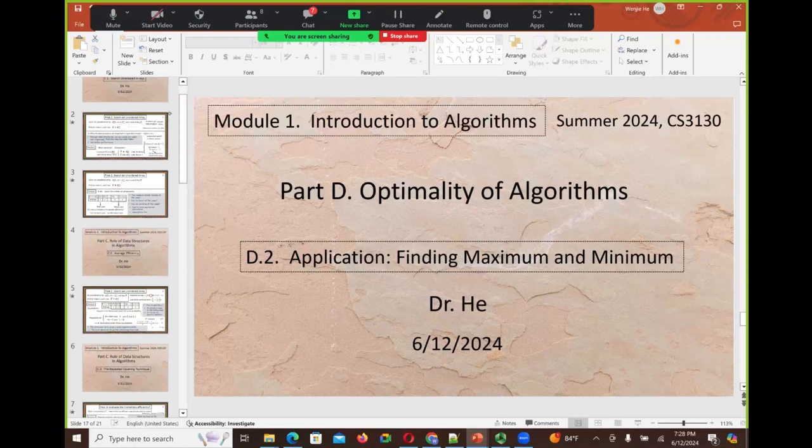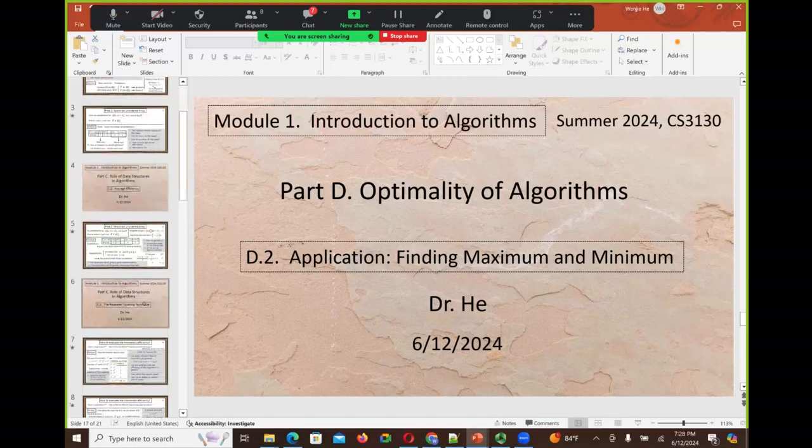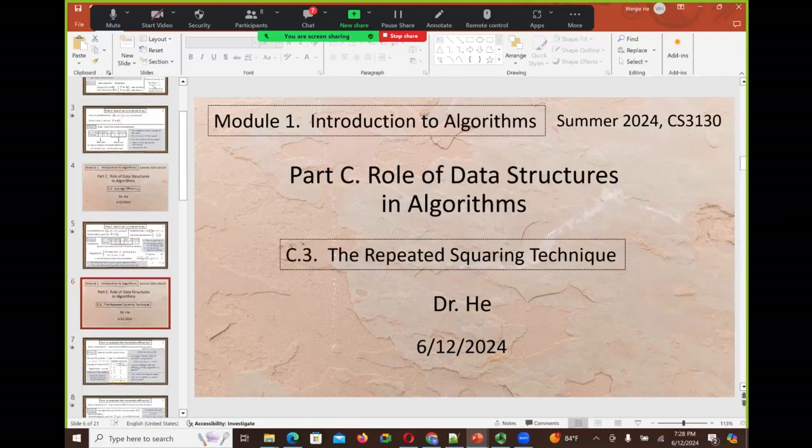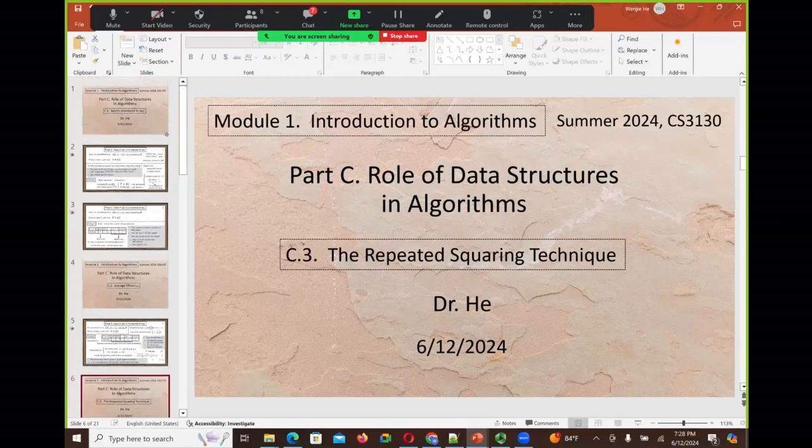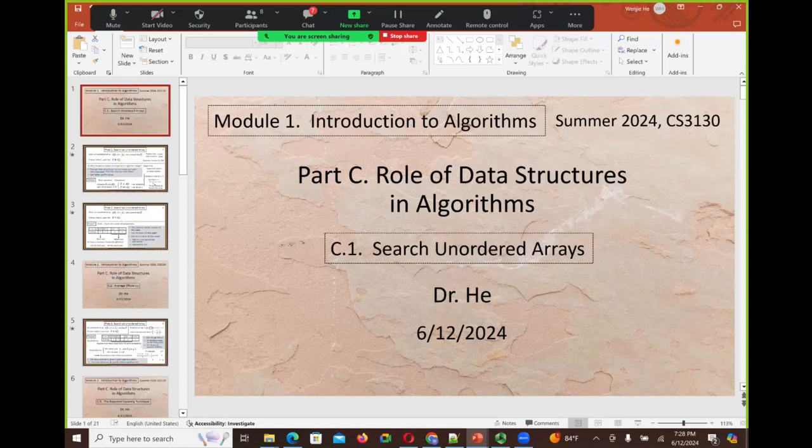Hopefully we can do it. Let's try to do the first two topics of Part C today.